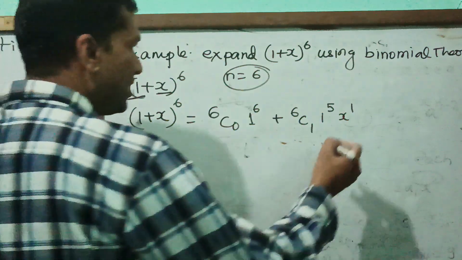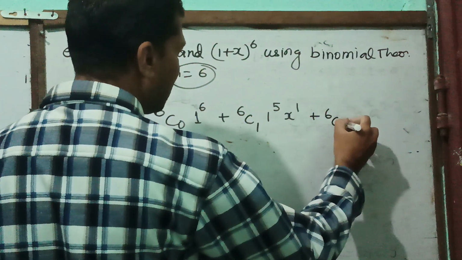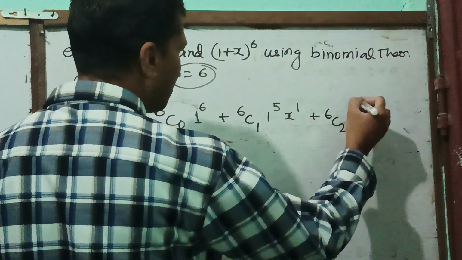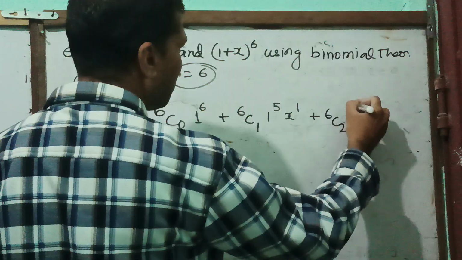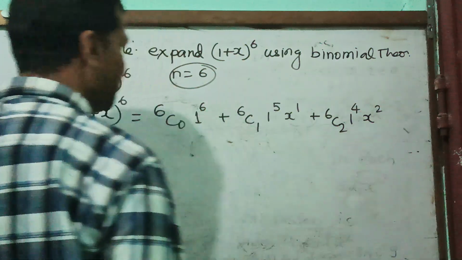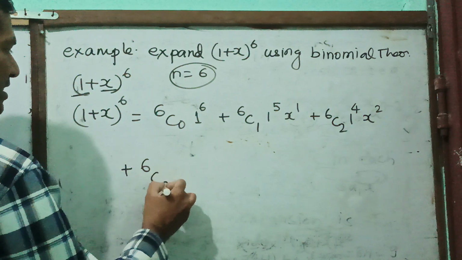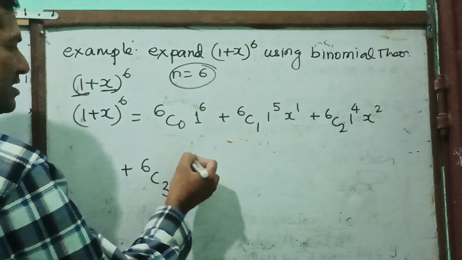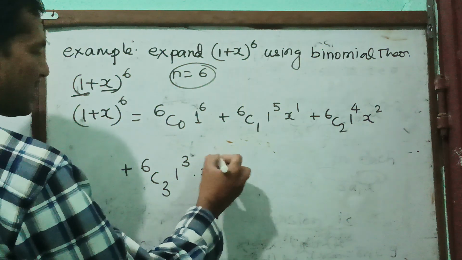Third term is 6C2, 1 to the power 6 minus 2, that is 4, and x to the power 2. Next term becomes 6C3, 1 to the power 6 minus 3, that is 3, into x to the power 3.